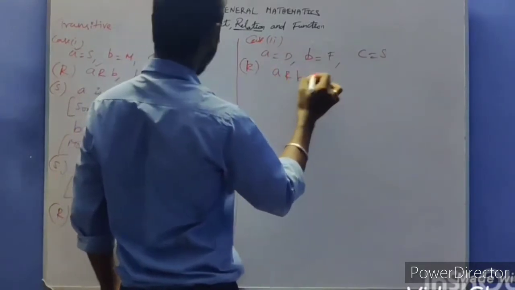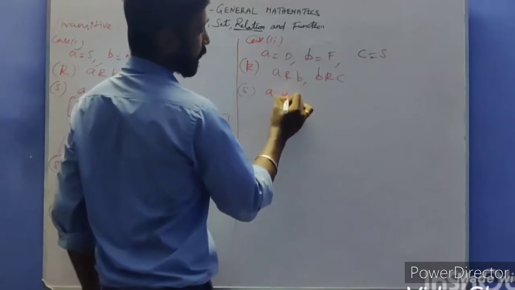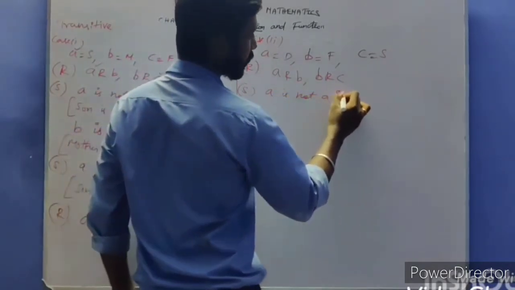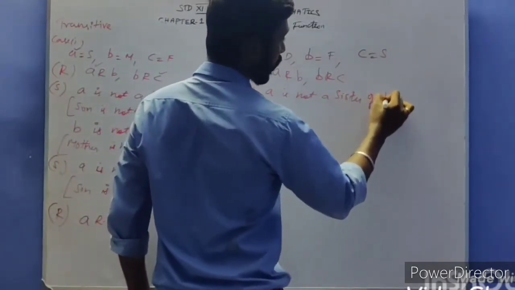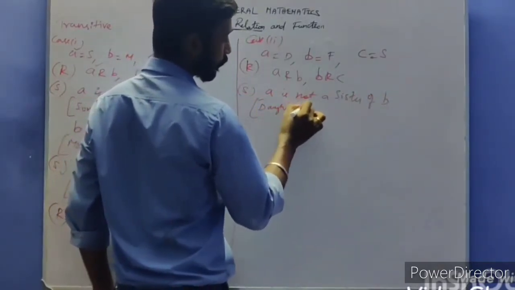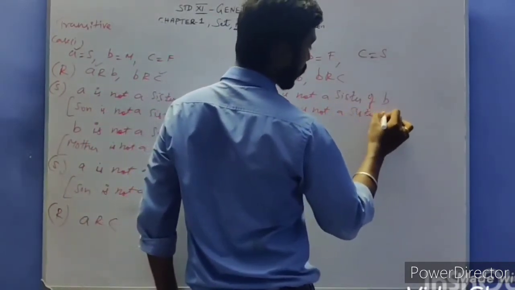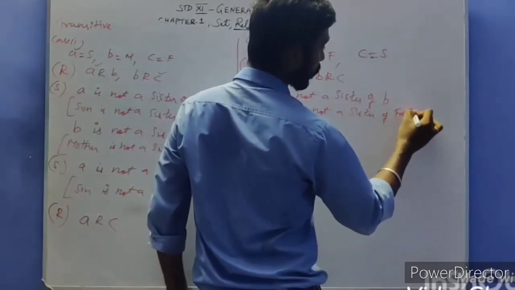A related to B, B related to C. The statement A is not a sister of B. That means daughter is not a sister of father.